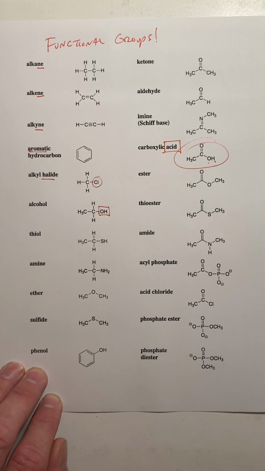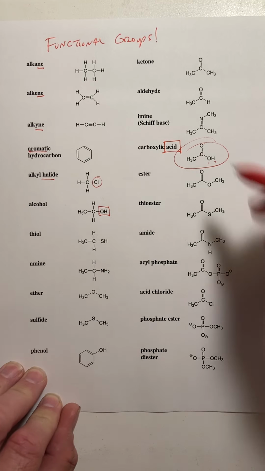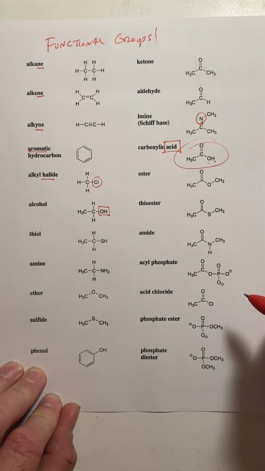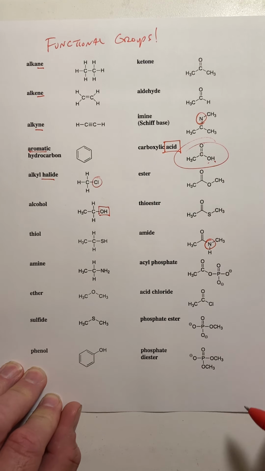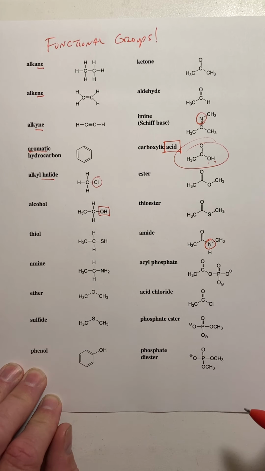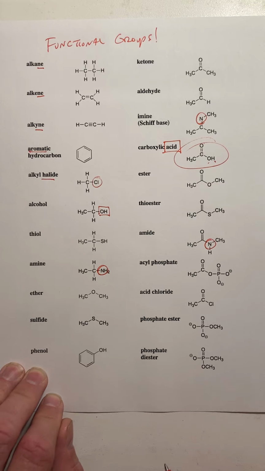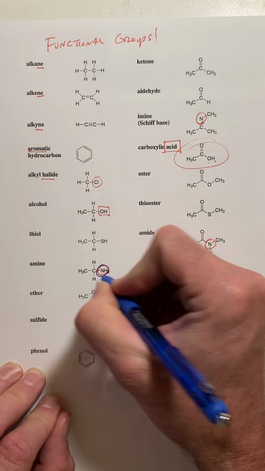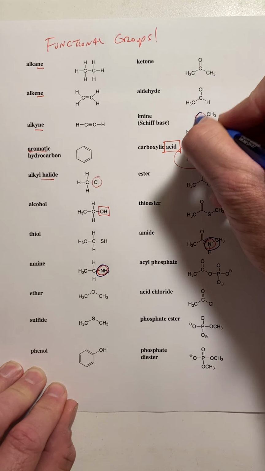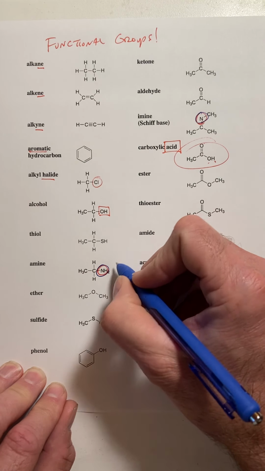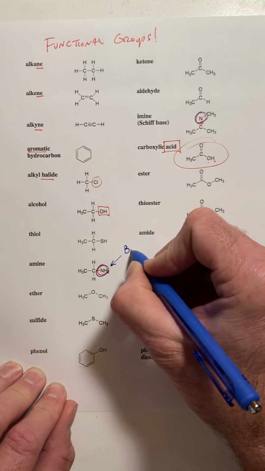The other thing I told you to be wary about is anytime you see a weird N here, weird N here. I'm sure there's another one somewhere. Over here is another weird N. Those are all bases. So actually, let me go back. Base, base, base. So these guys are bases.